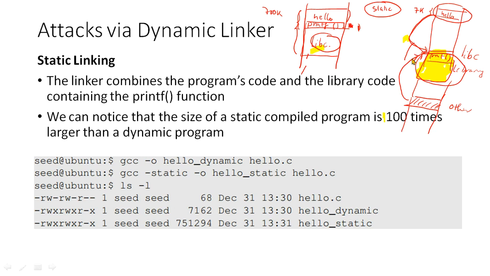That's the reason why all operating systems today, like Microsoft Windows, Linux, and Unix, use dynamic libraries rather than static libraries. That's why we see that hello static is much larger than hello dynamic, because hello static has to include a copy of the libc library inside it.